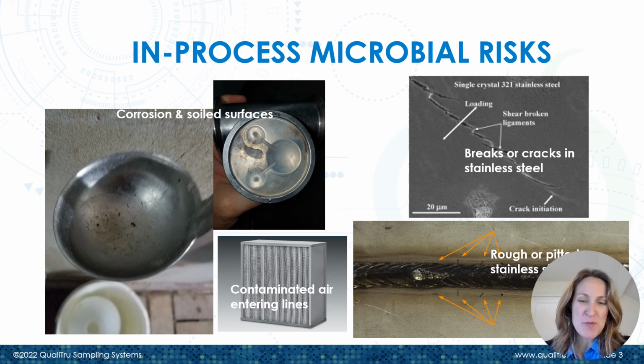When we talk about microbial risks inside your lines or in your silos, there's quite a few different opportunities for bacteria or little bugs to get into your system. The first one, on the left-hand side here, is corrosion or soiled surfaces. Without good cleaning practices or just good etiquette, you can run into situations where you have bacteria building up over time.